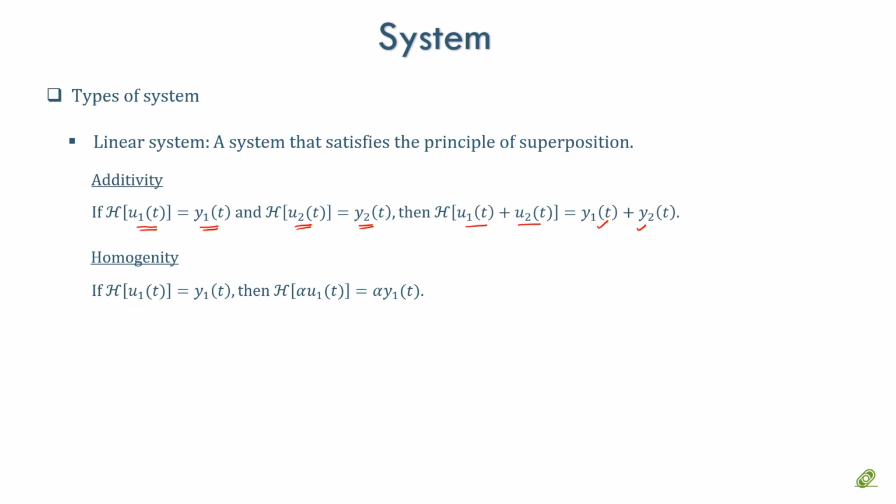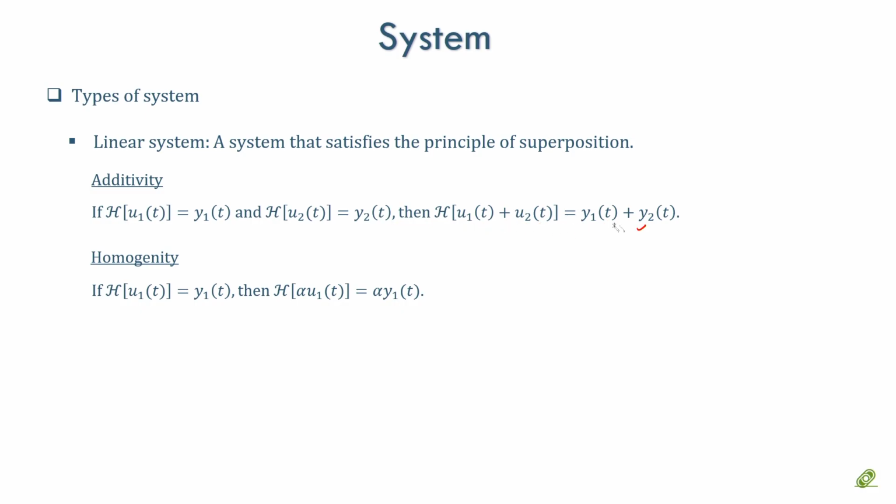You cannot just say that, oh, for 2 inputs it works, that means that it will be linear. No. I will show you what I mean by that soon. Homogeneity: if you give U1 as input to the system and Y1 is the output, then for alpha U1 as input to the system, the output would be alpha Y1, where alpha here is a scalar quantity.